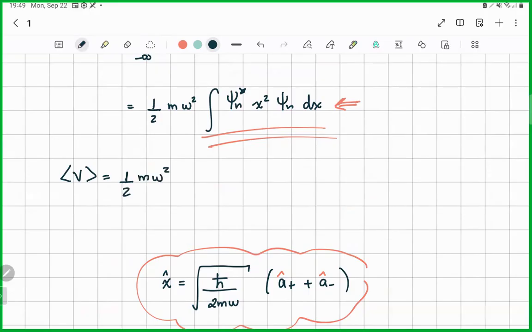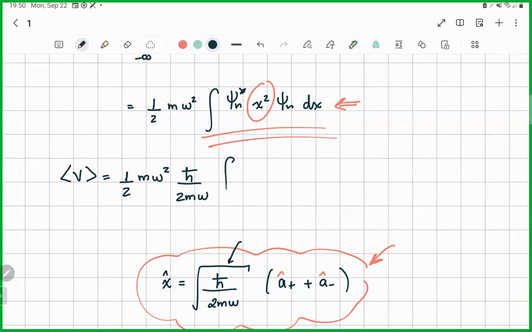Now, wherever we find this x squared, I'm going to use this equation, okay? So that means this square root disappears, so I have h bar over 2m omega, no more square root.